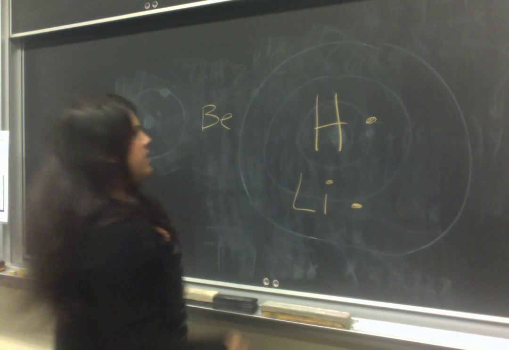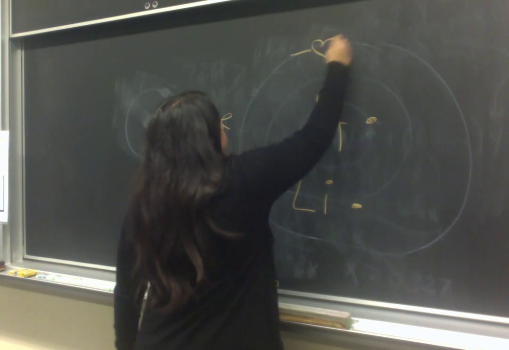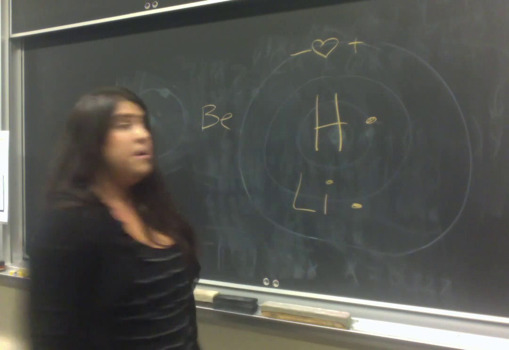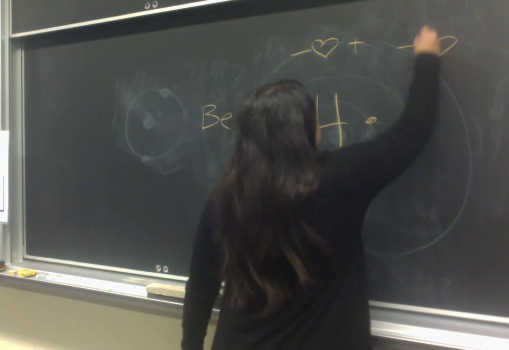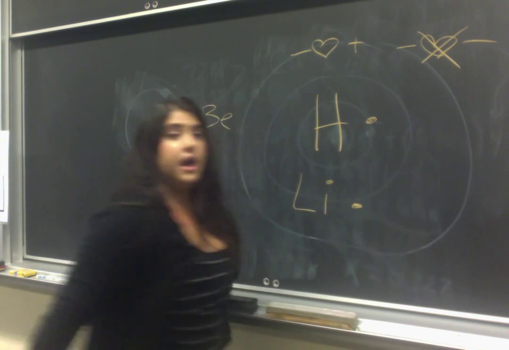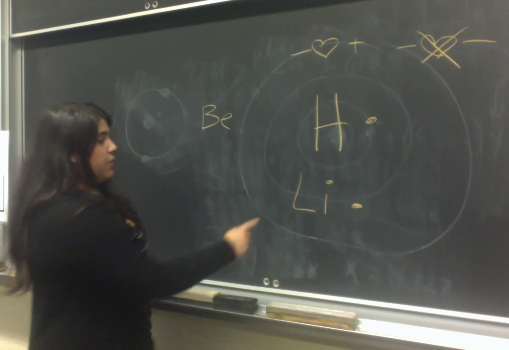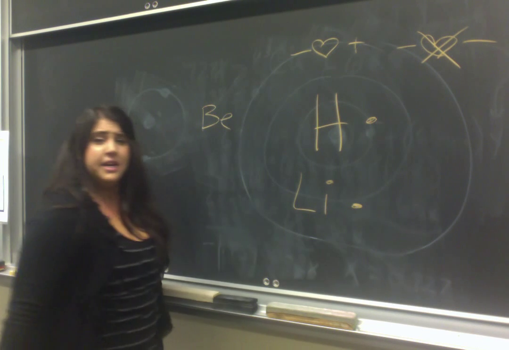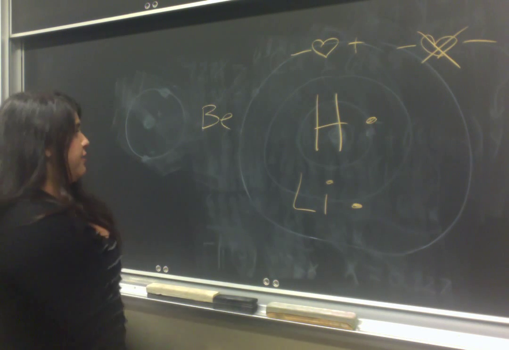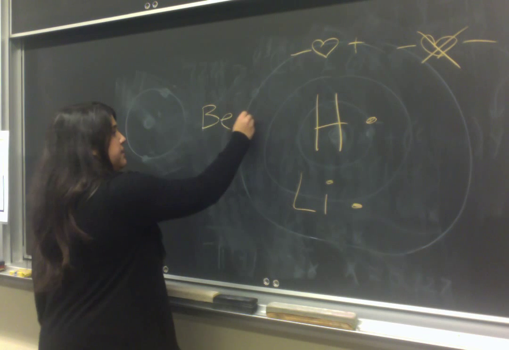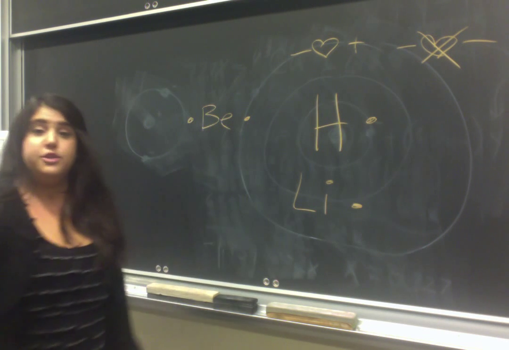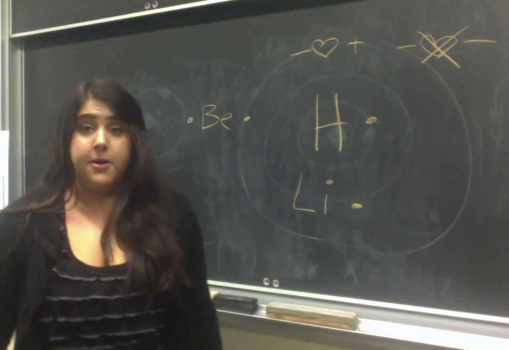Now we remember that electrons love protons, but electrons do not like other electrons. So if I'm going to represent these dots being electrons, then if I have 2 valence electrons, I'm not going to put them next to each other unless I absolutely have to. I will put them apart from each other.